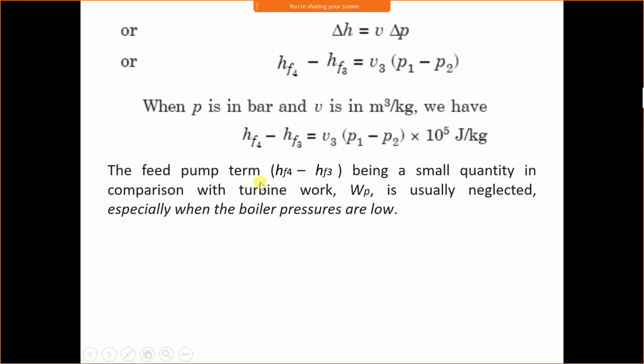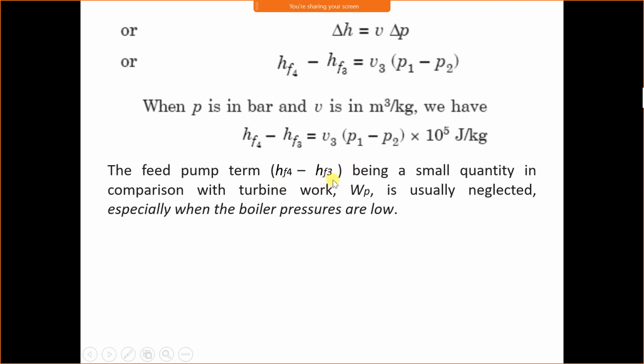The feed pump term HF4 minus HF3 being a small quantity, if we take the difference of HF4 and HF3, it is very small in comparison with the turbine work. WP is usually neglected, especially when the boiler pressures are low. When the boiler pressure is low, in that case we get HF4 minus HF3 very small as compared to enthalpy change in turbine.